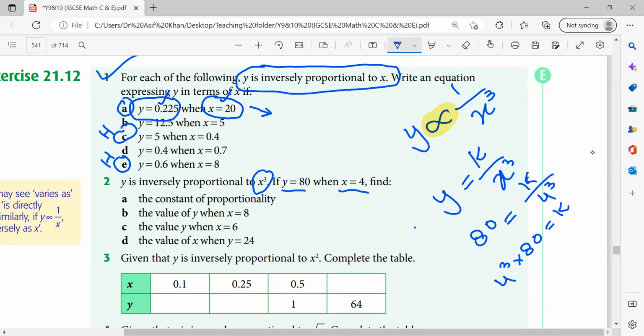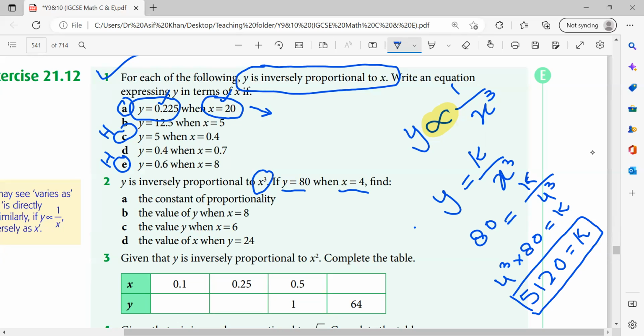What will be the value of k then? 4 cube times 80 is 5,120. So 5,120 is equal to k. This will be the value of k you will get in case of question number 2.